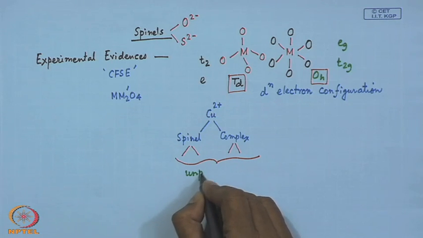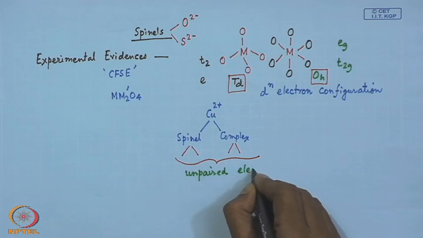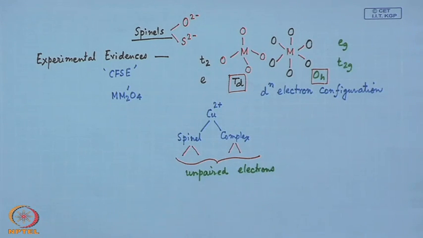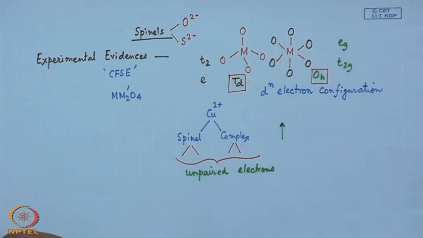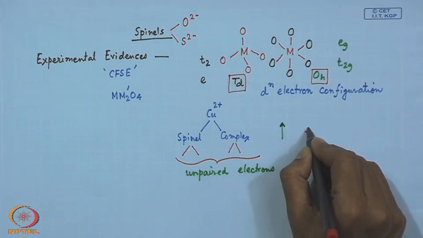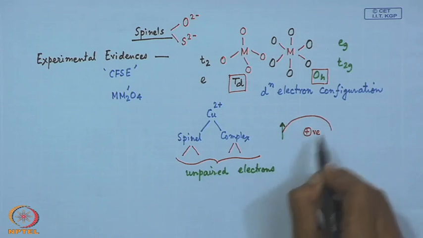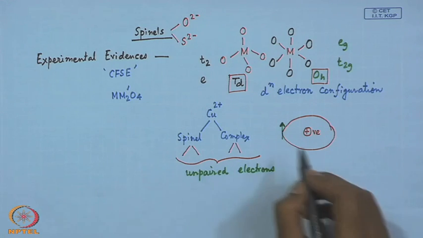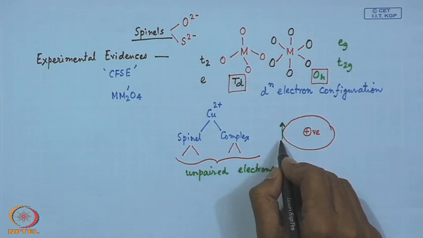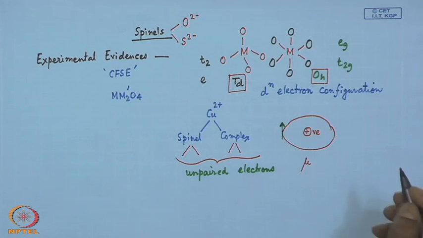So, we have different numbers of unpaired electrons in the system. If we have an unpaired electron, it can rotate around the positively charged nucleus, and due to its spin contribution as well as its orbital contribution, it can give rise to the corresponding magnetic moment.